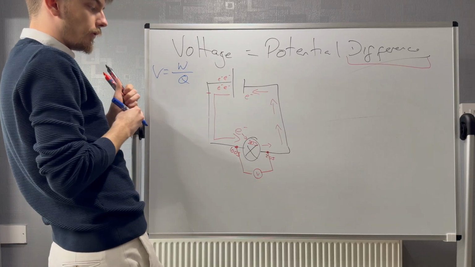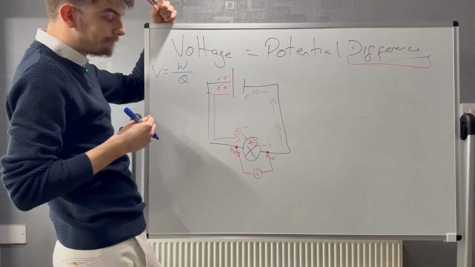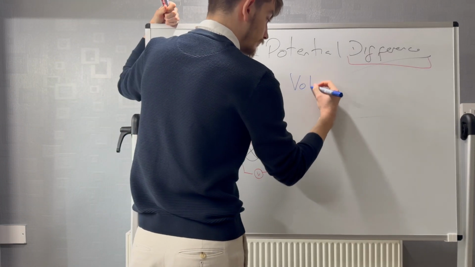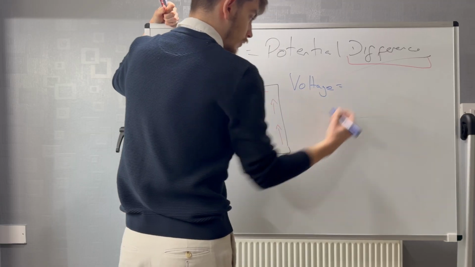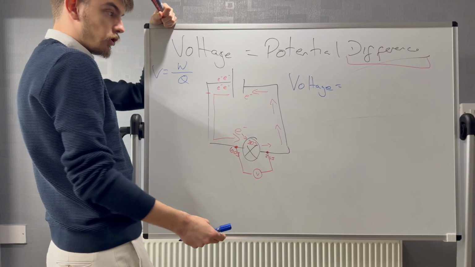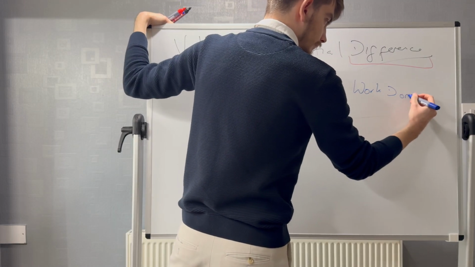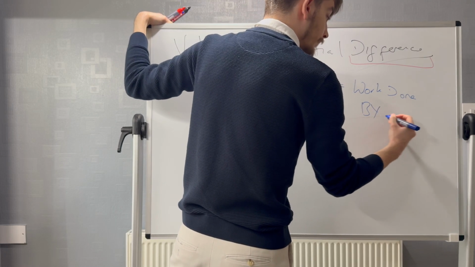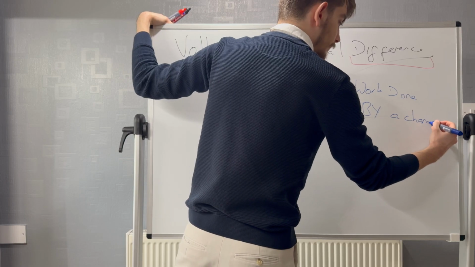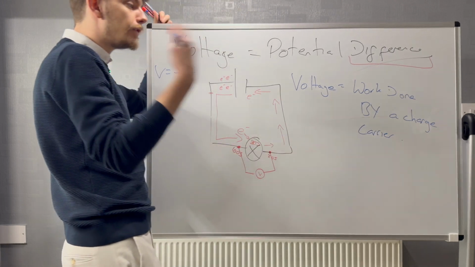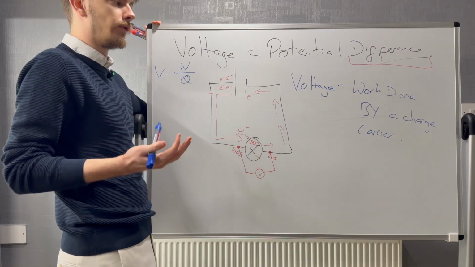V is equal to W over Q, work done per charge carrier, or unit charge. And I'm going to say that voltage, which is this guy here that I've measured, is the work done by a charge carrier. It is the energy given by a charge carrier to a component. That is my work done.